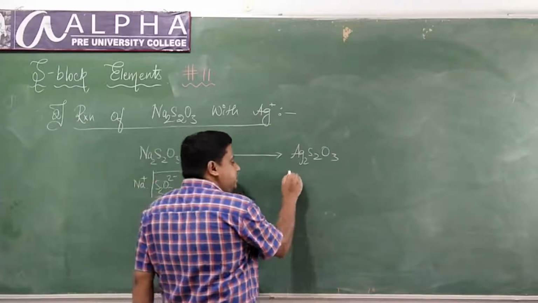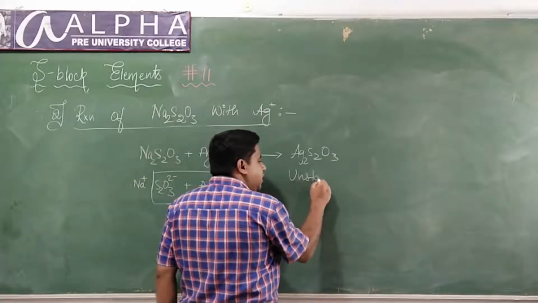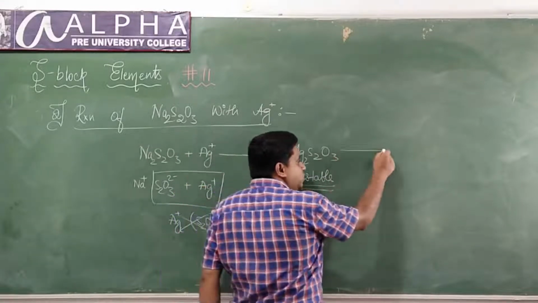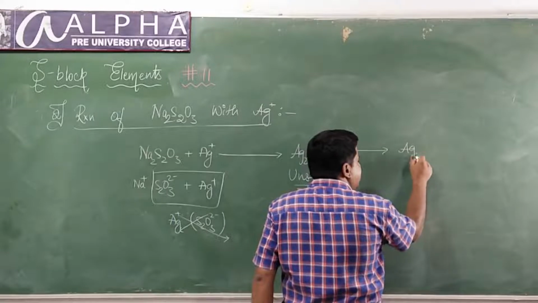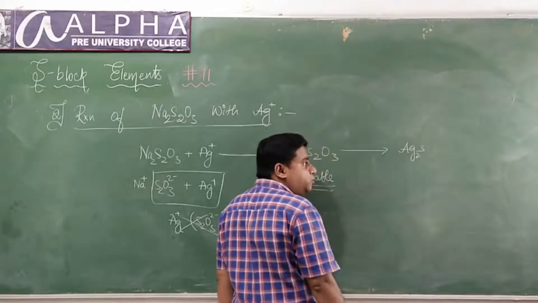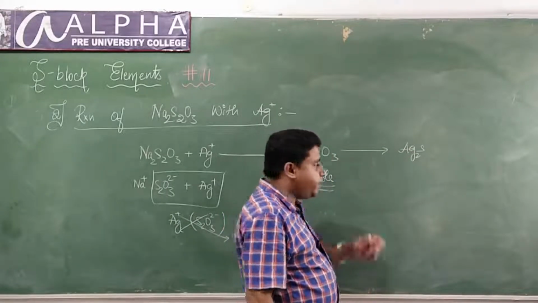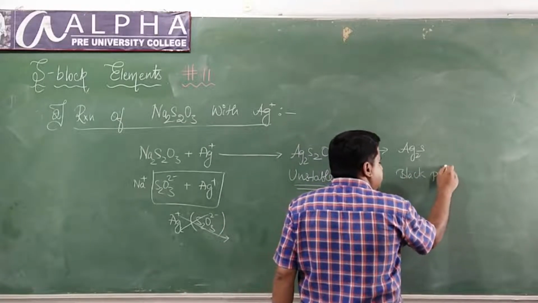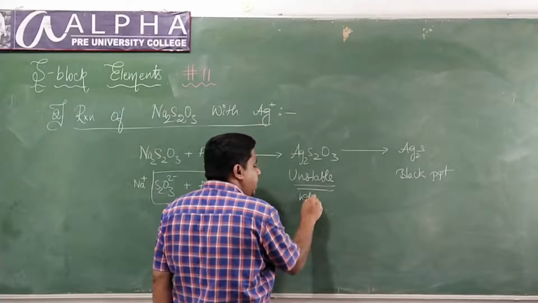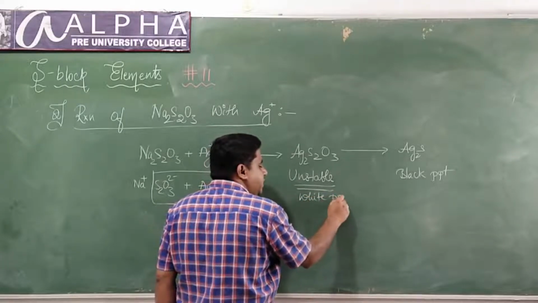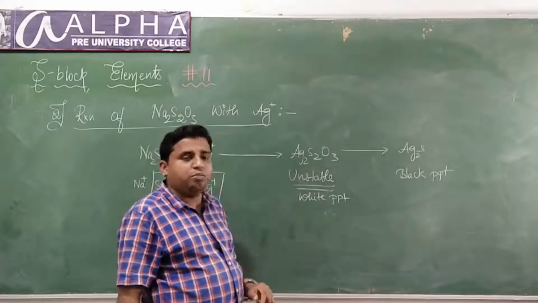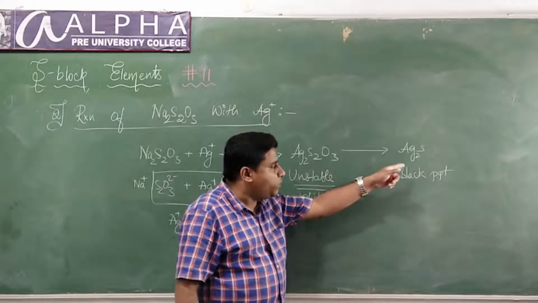Ag2S2O3, an unstable compound, is formed, which will decompose to give silver sulfide, a black precipitate. This Ag2S2O3 is actually a white precipitate, and this white precipitate is highly unstable. It will further decompose to give a black precipitate. What is that black precipitate?